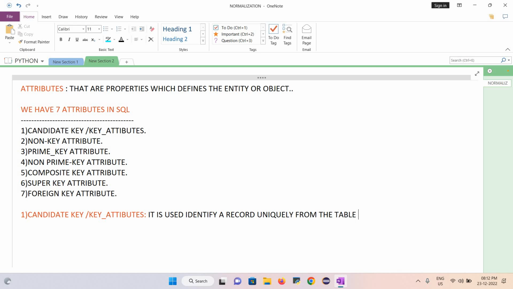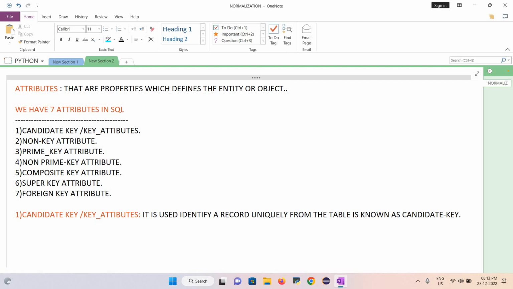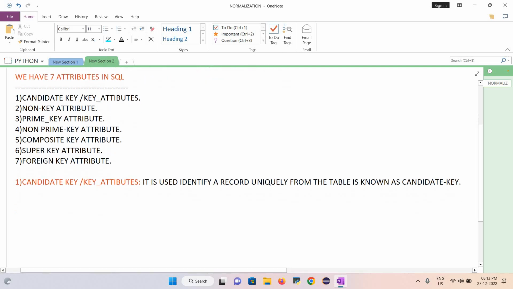This is known as the candidate key. Candidate key. So this is a simple definition to understand.